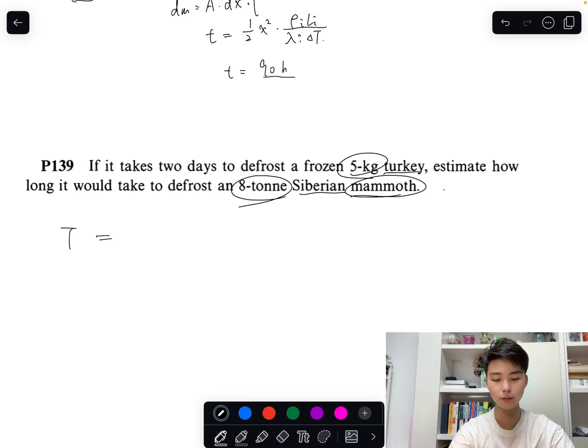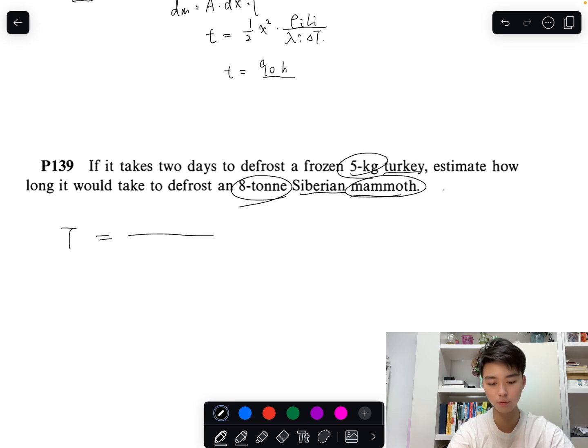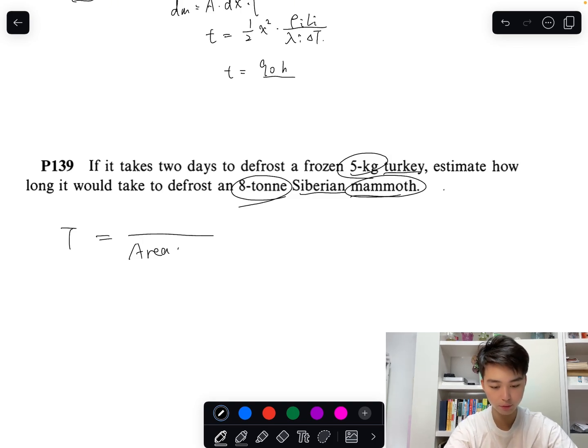First of all, it must be inversely proportional to the area, right? The area that will conduct thermal energy to the air, so area. Also, we have the temperature gradient, right? The temperature gradient would be the center.